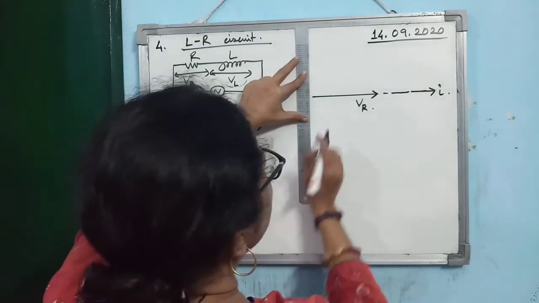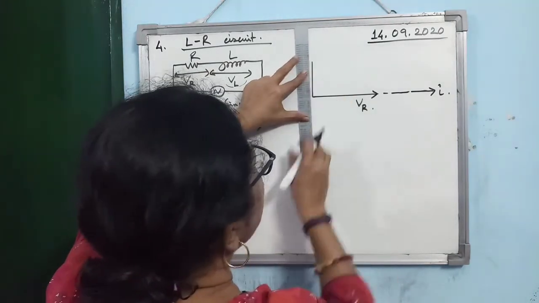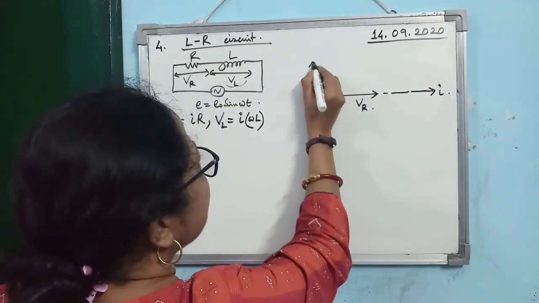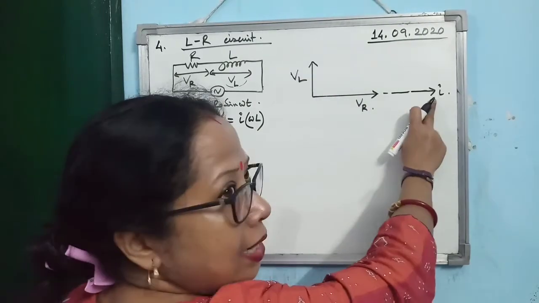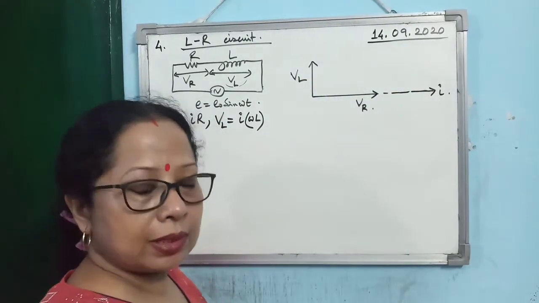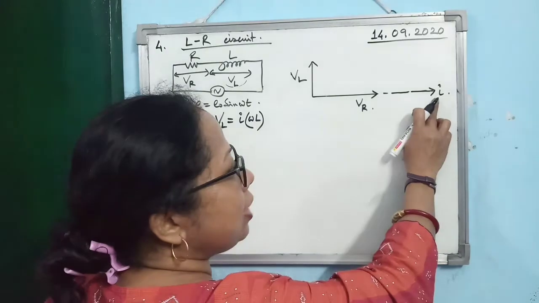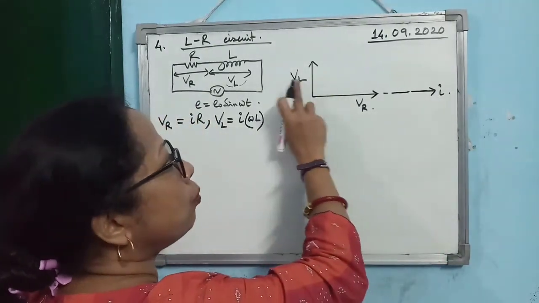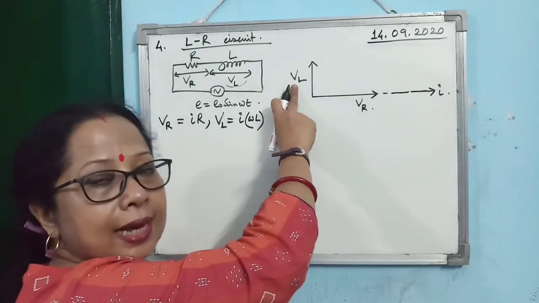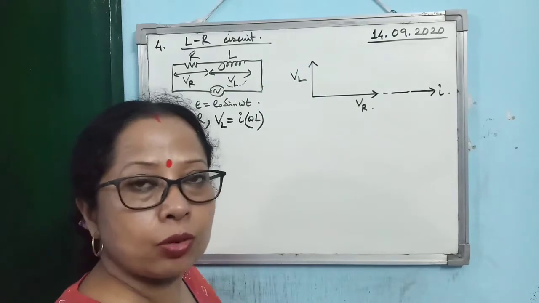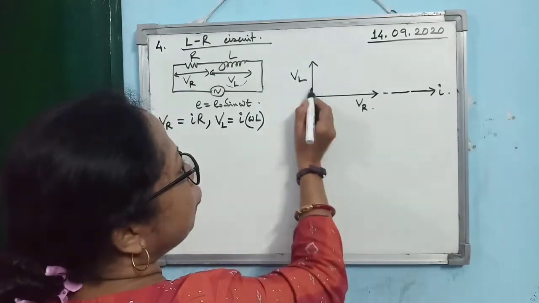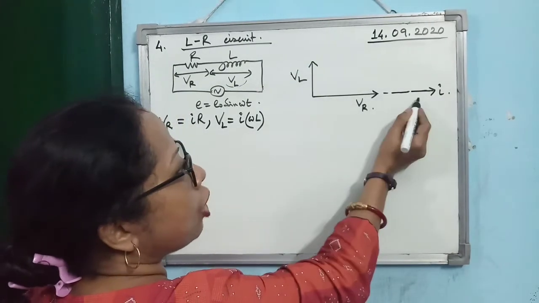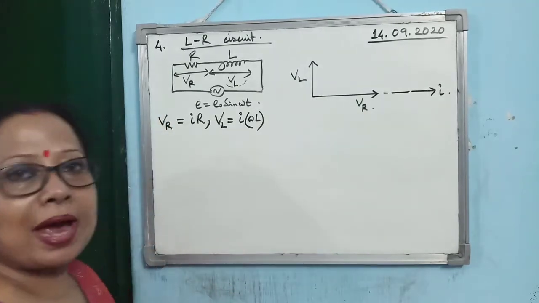But VL will be ahead of I, or in the opposite way, I will be pi by 2 behind VL. That is the concept you got in the only L circuit. So VL will be ahead of I by an angle pi by 2.